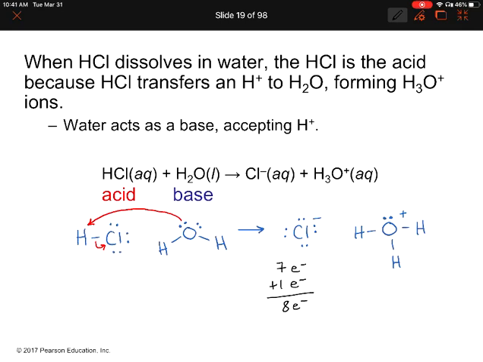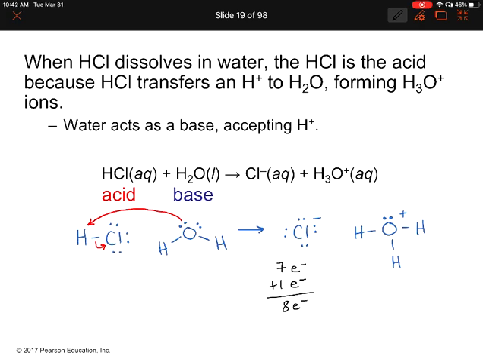The hydronium ion has an oxygen bonded to 3 hydrogens, and then that oxygen also has a lone pair of electrons. And we can use our formal charge calculation to determine where that positive charge exists. Does it exist on the oxygen or on one of the hydrogens?